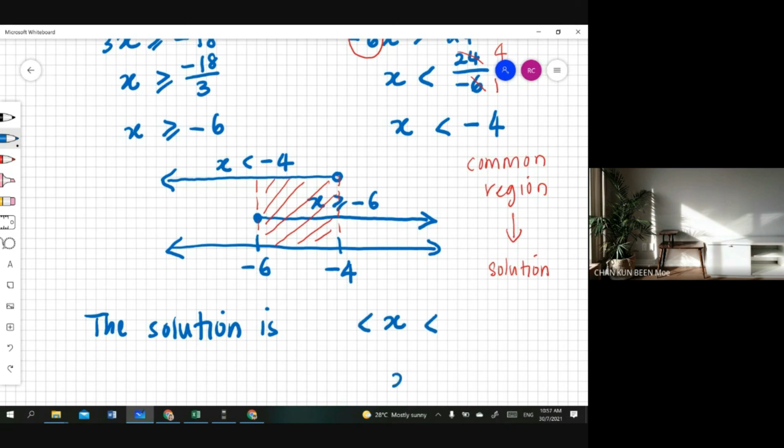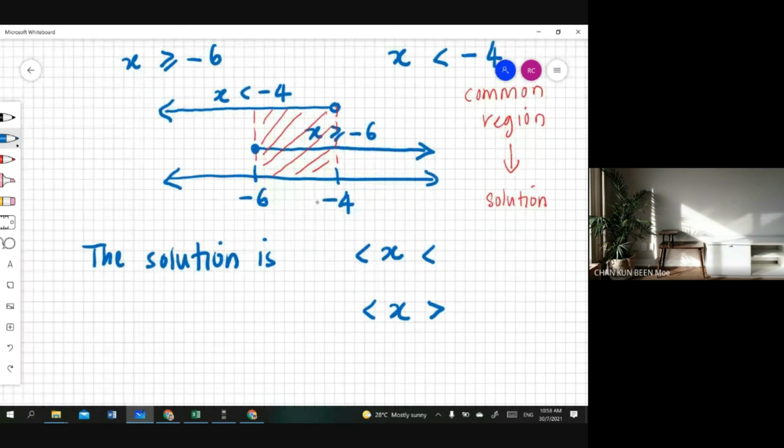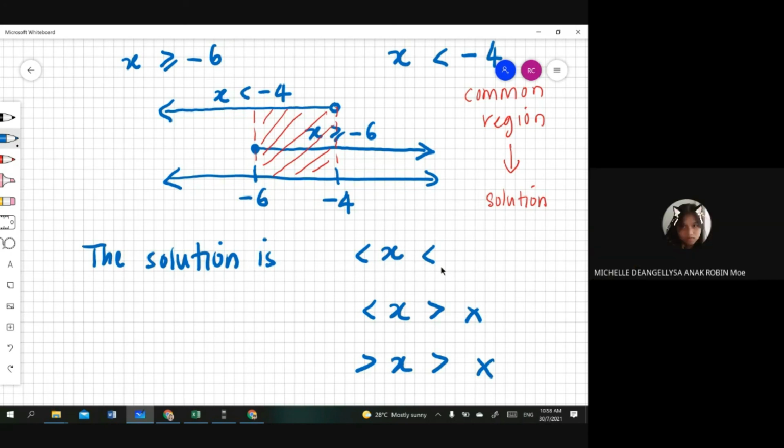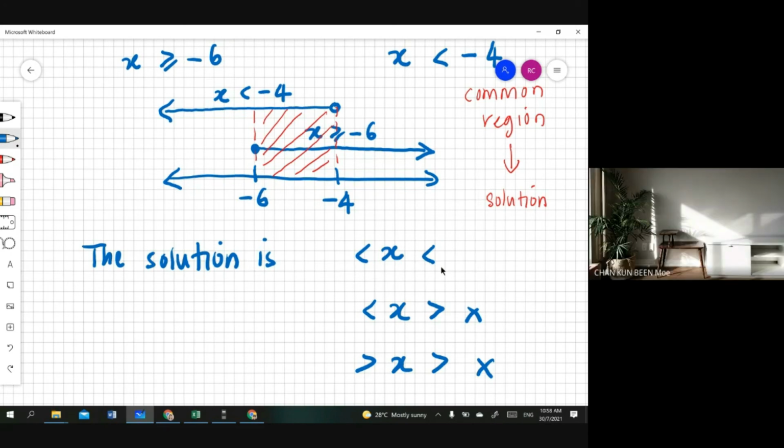You cannot write the arrow pointing to the right. Bear in mind, the arrow can only point to the left. Can you remember that? Yes. Okay, only pointing to the left.